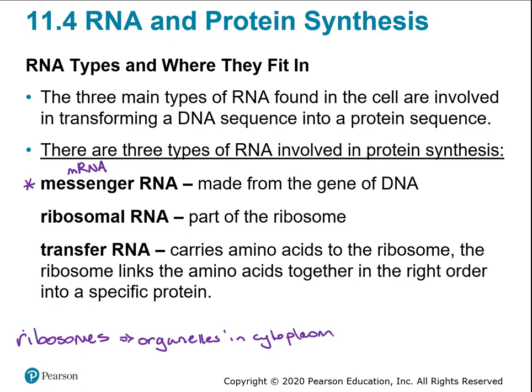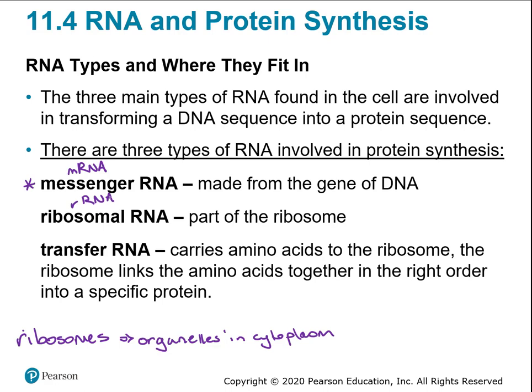Ribosomes are made up of protein and RNA. The kind of RNA that they have, they named that and said, well, it's different than mRNA, so we're going to call it rRNA. So this RNA is made to help form ribosomes. That's why the R part of it.